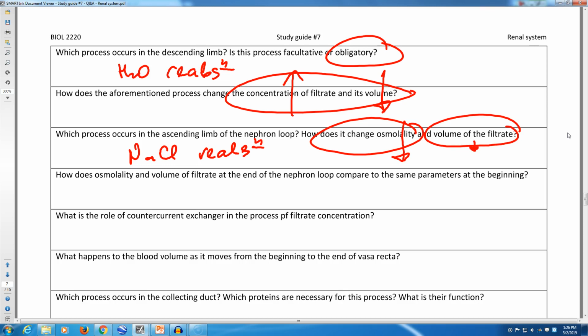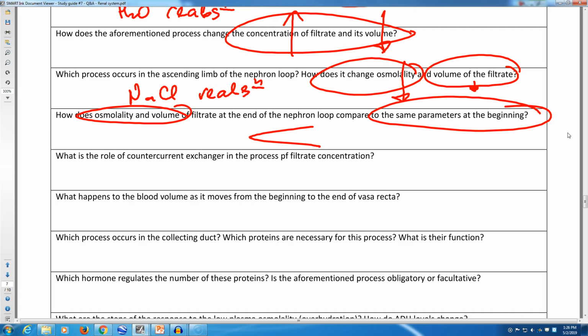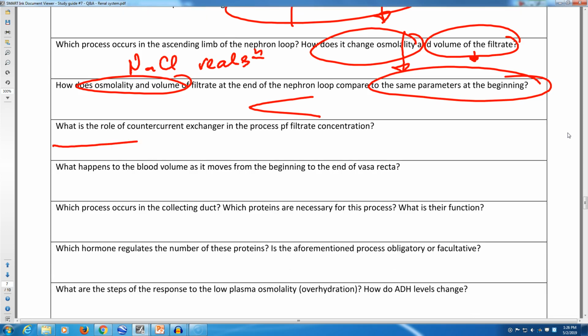Okay. So osmolality and volume at the end of the nephron loop are lower than the same parameters at the beginning. Exchanger takes away reabsorbed water and ions. Blood volume, as it moves from the beginning to the end of vasa recta, increases.